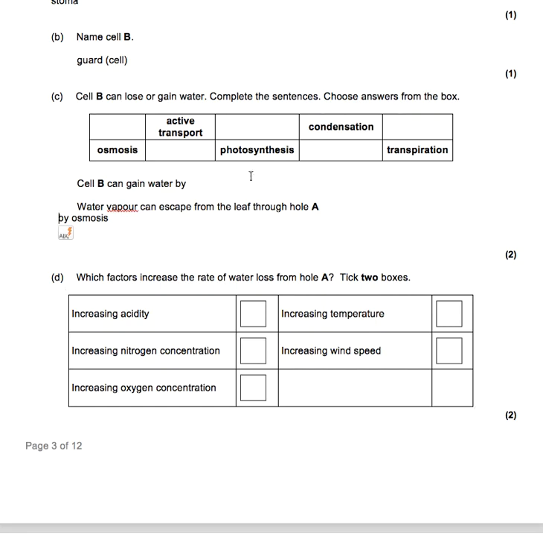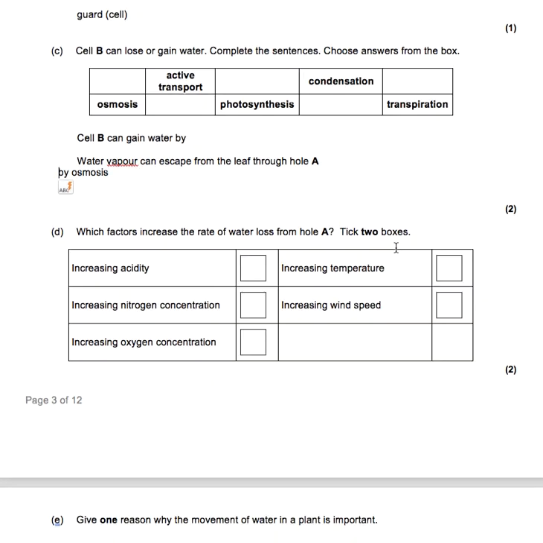I seem to be missing a bit of the question here. The next bit that you should have is transpiration. My apologies for that bit being missing.